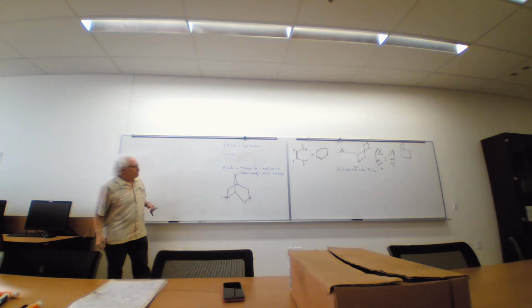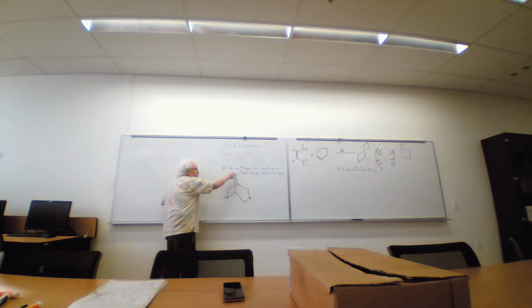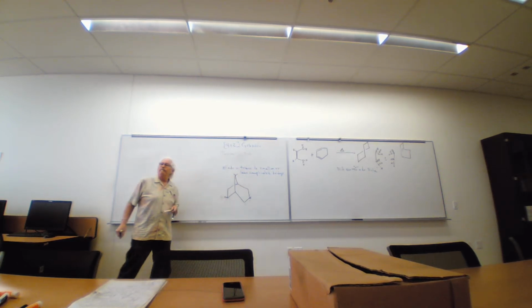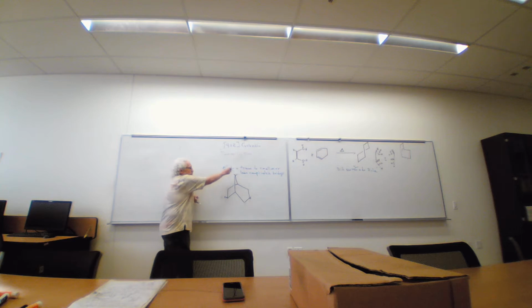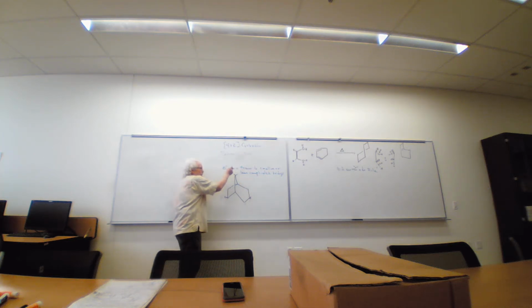Okay? So here we go. Watch. I'm going to be standing right here. First, I'm going to start right there, and I want to know which of these two is exo and which one is endo. If I'm standing here and I look down, which is the less complicated bridge? This one. 2 carbons versus 1 carbon. So, the endo substance is trans to this. Okay, what does that mean? Well, look.